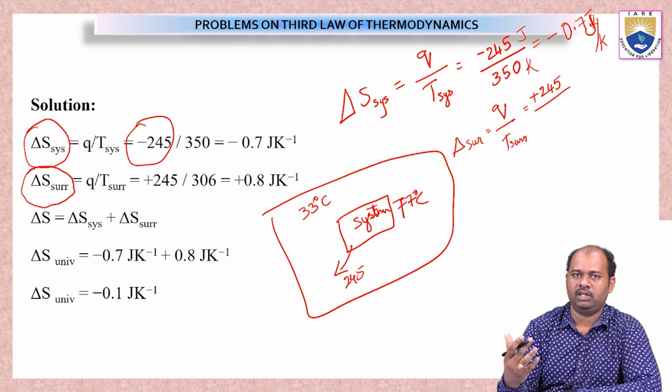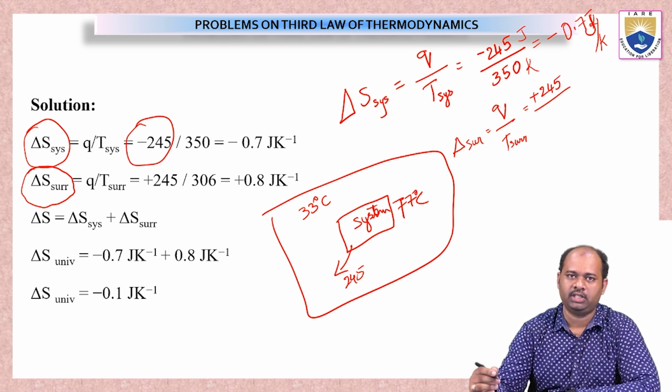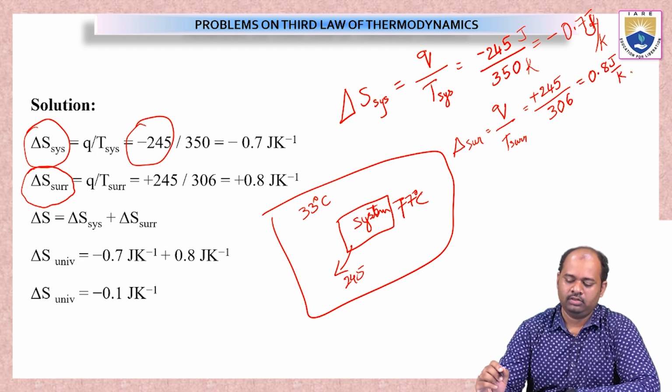Now with respect to the surroundings, the heat is added. That is why we are taking a positive sign. So 245 divided by the temperature of the surroundings, which is 306 Kelvin, and here we will get the value as 0.8 joules per Kelvin. So this is the value we will get finally.